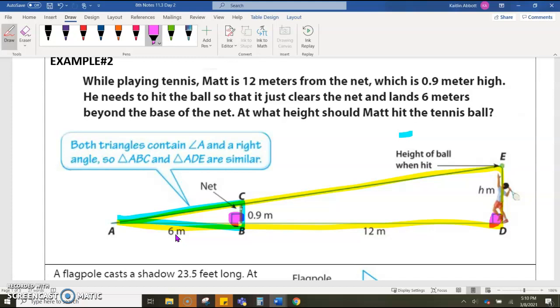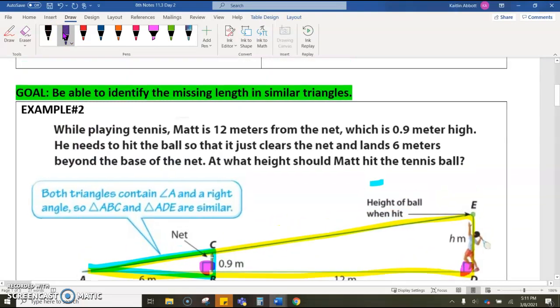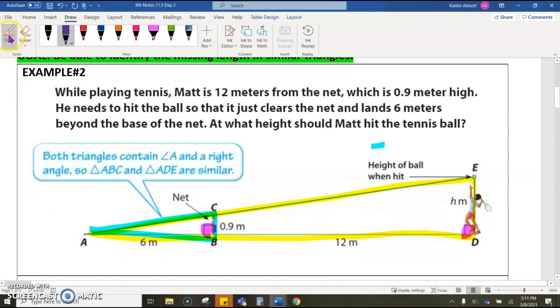And we are going to make some fractions. So I am going to take the small triangle height, which is 0.9.